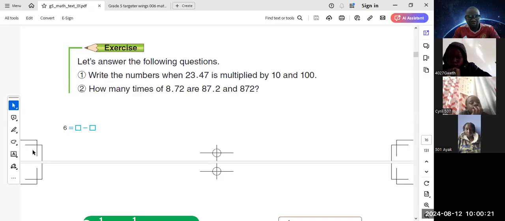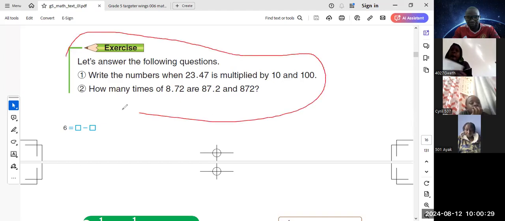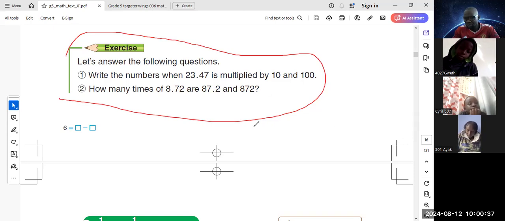Now, I want us to try this exercise here. Write the numbers when 23.47 is multiplied by 10 and 100. So you do it, then you share your answer on the chat.